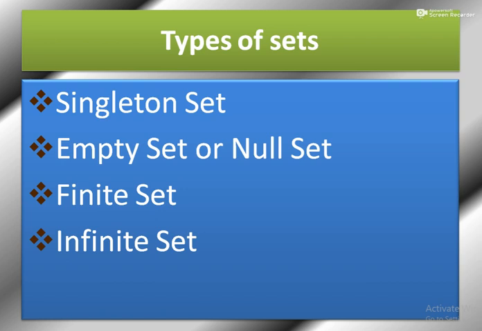If the number of elements which we cannot count, then it is known as an infinite set. The next one is the equal set. While checking the equal set, we are comparing two sets. If both the elements of the sets are the same, then only we can say that these two sets are equal. Let us see these sets in detail.